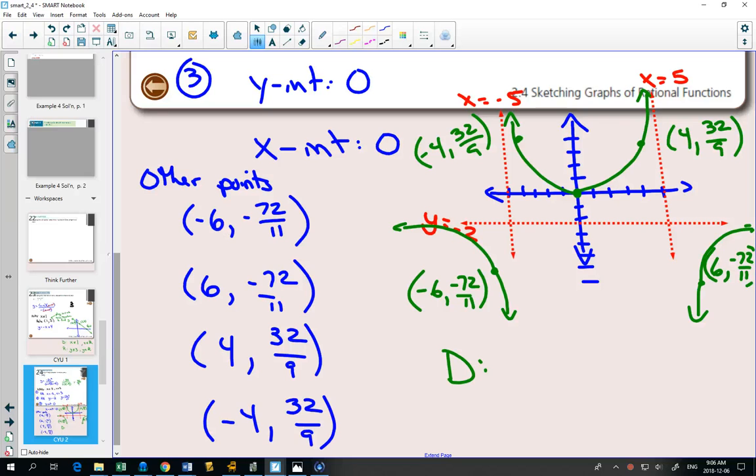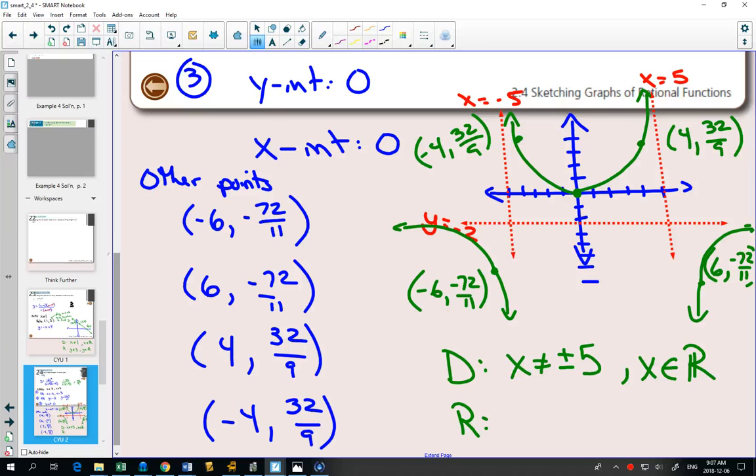Domain. In this one, the easiest way to do it would be to say x can't equal plus or minus 5, but x could be everything else. And now the range is a little bit different in this one. Okay? The range, we've got everything from -infinity till -2, and then there's a gap, and then it starts again at 0.